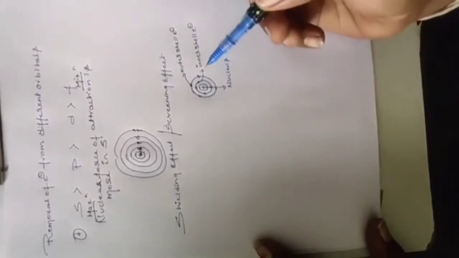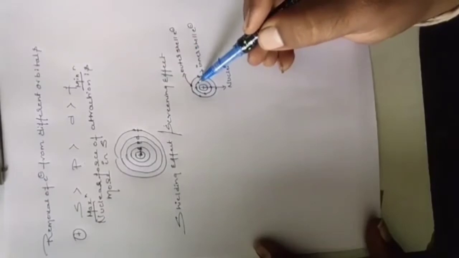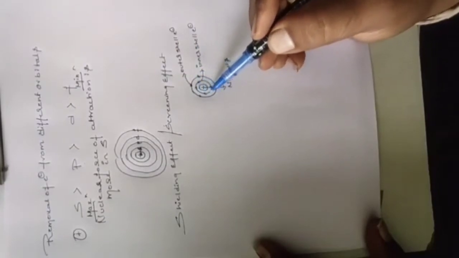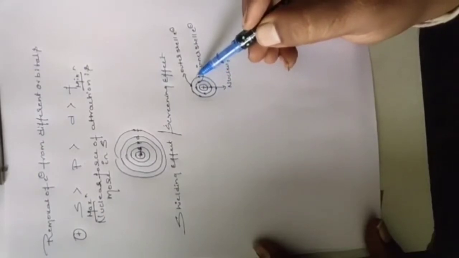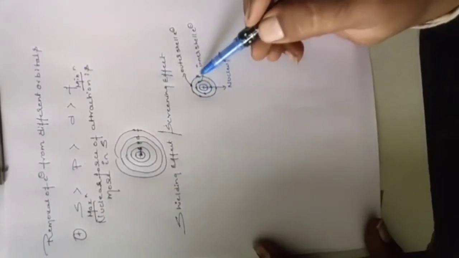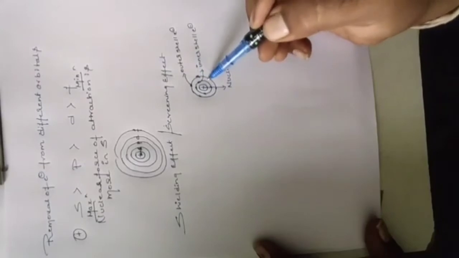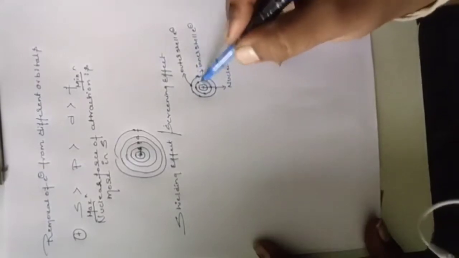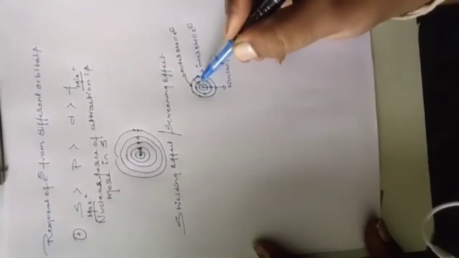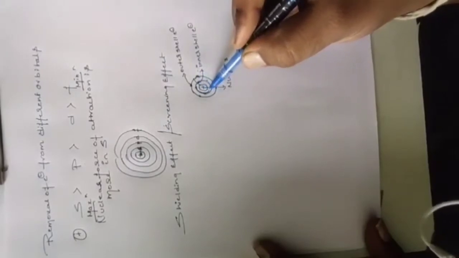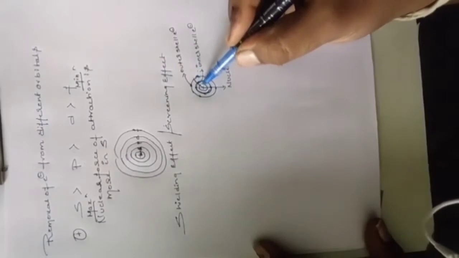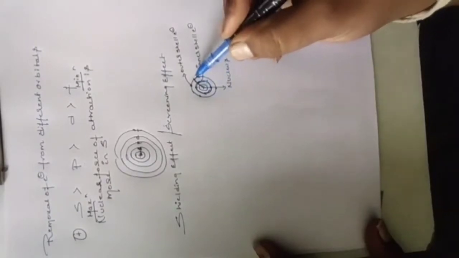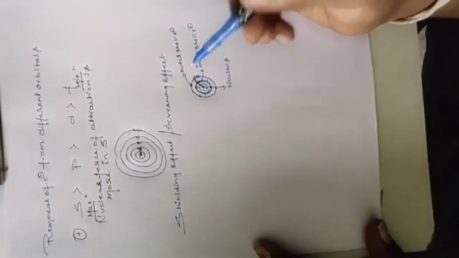The electrons present in the inner shell try to protect the outer shell electrons from the nuclear force of attraction. Means the inner electrons shield the outermost electrons from the attraction between the nucleus and the outermost electrons. It is called the shielding effect.